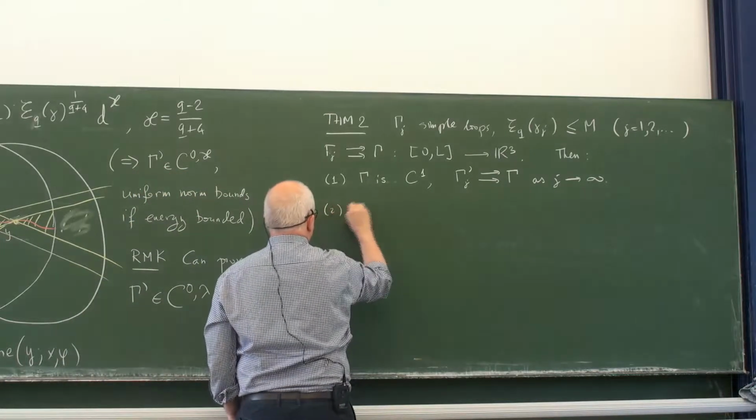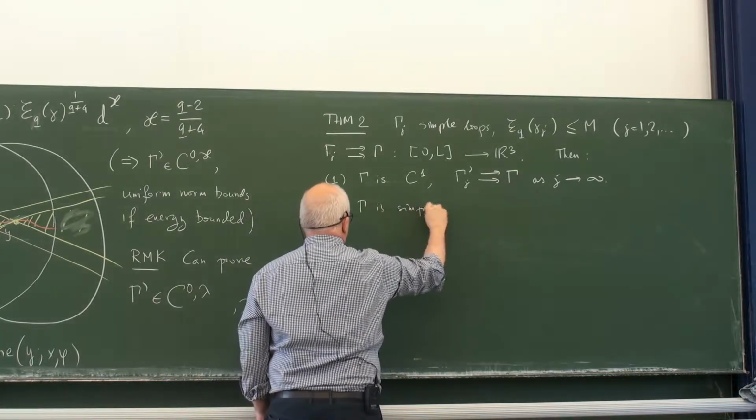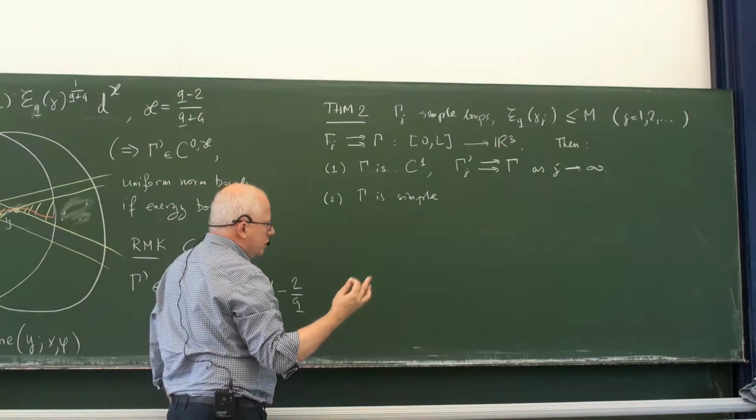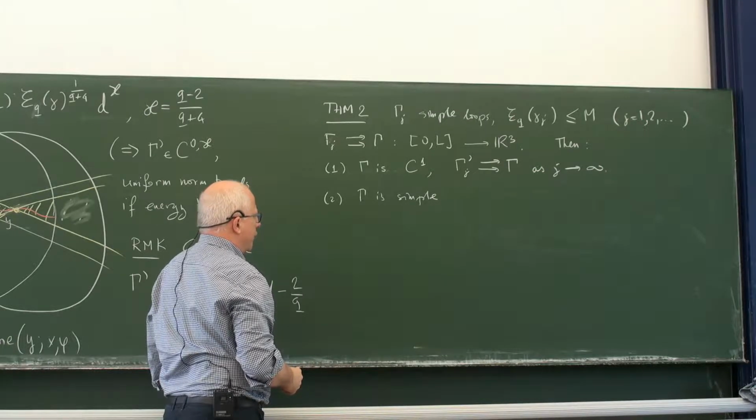Second, gamma is simple. So no double points, no self-intersections can occur in the limit.